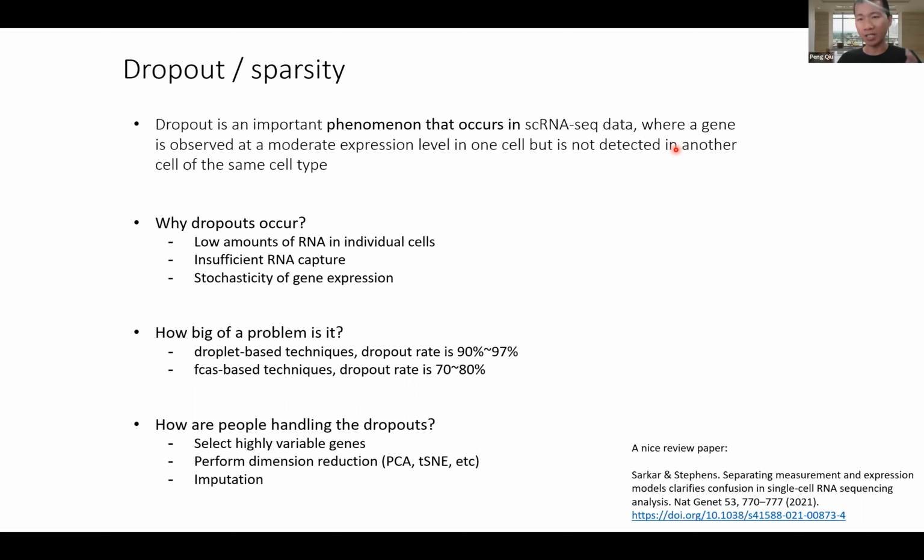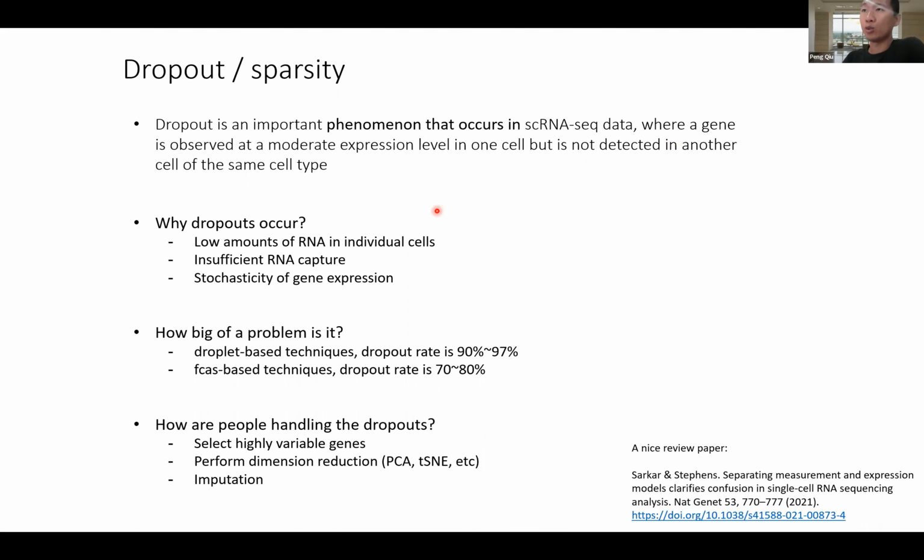So of course, moderate is a kind of hand-waving word. I don't really have a good way to define, for example, whether count 5 is moderate or count 10 is moderate. I don't really have a good way to concretely define that word.